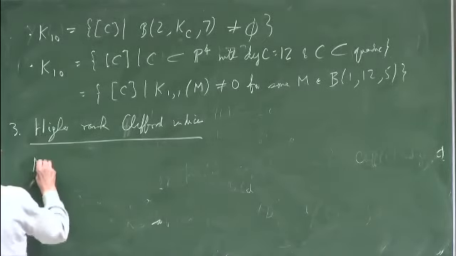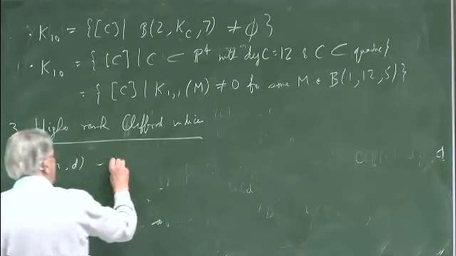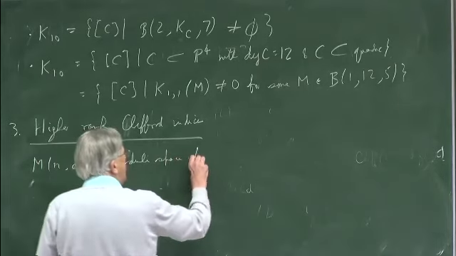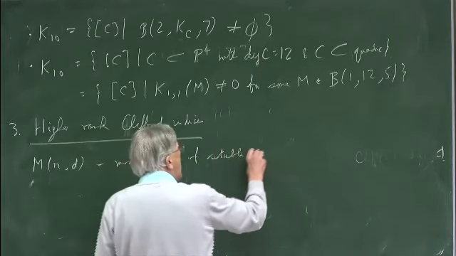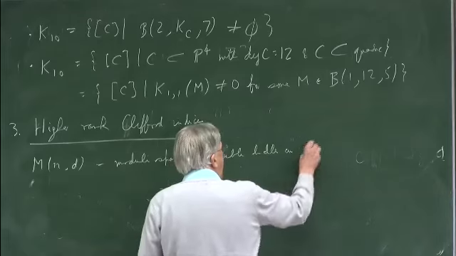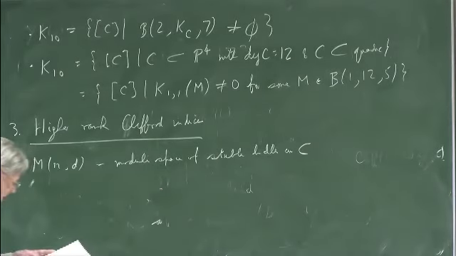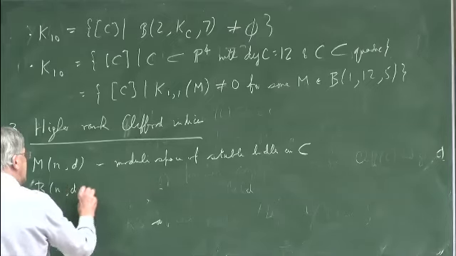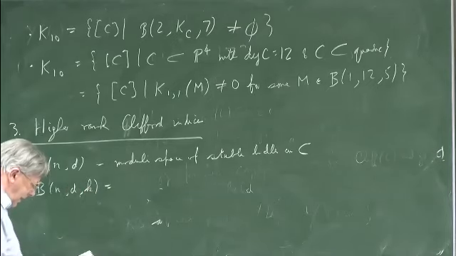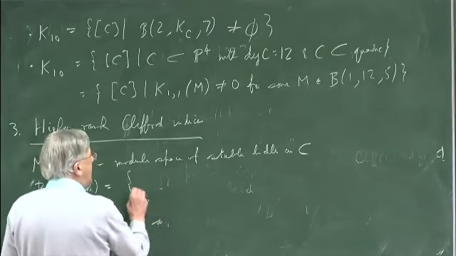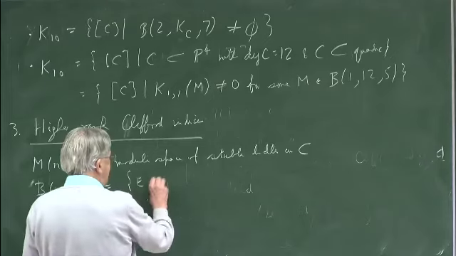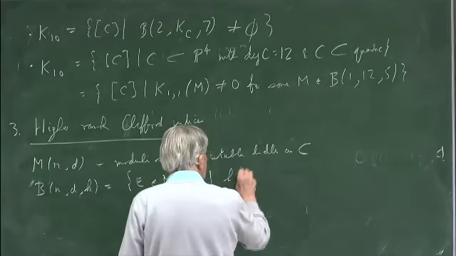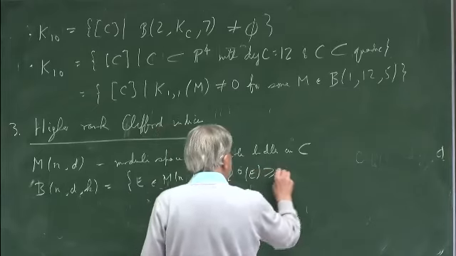Well, let's take M(n,d) to be the moduli space of stable bundles on C. B(n,d,k) will then be the bundles E in M(n,d) such that h^0(E) is greater than or equal to k.